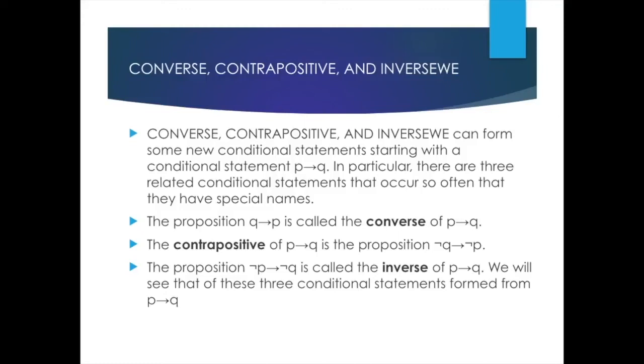An example: if I say, if you study discrete mathematics, you will get a job at Google. If you don't study discrete mathematics, you will not get a job at Google. So the not here, the contrapositive, is the negation of both parts. Now the proposition not P implies not Q is called the inverse of P implies Q, and we will see that of these three conditional statements formed from P implies Q.